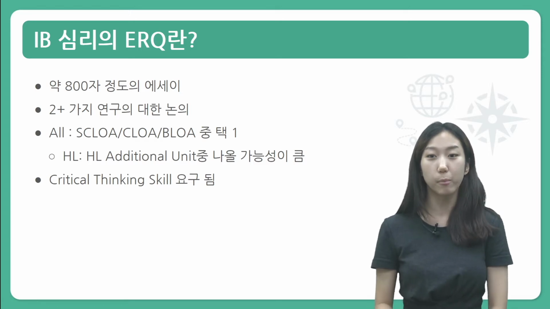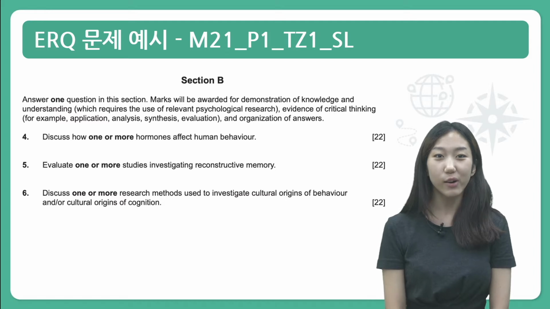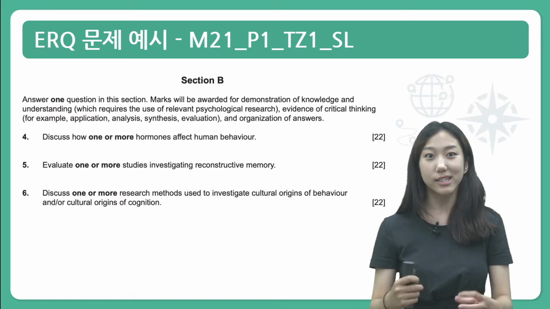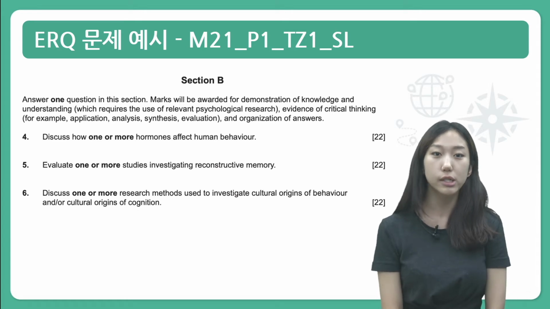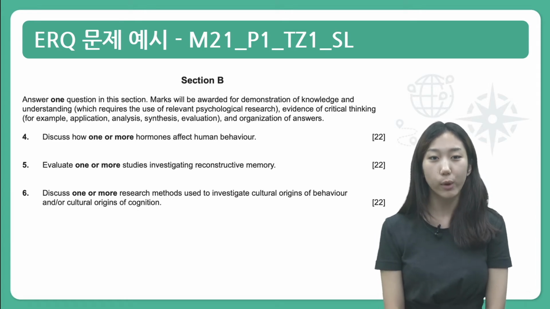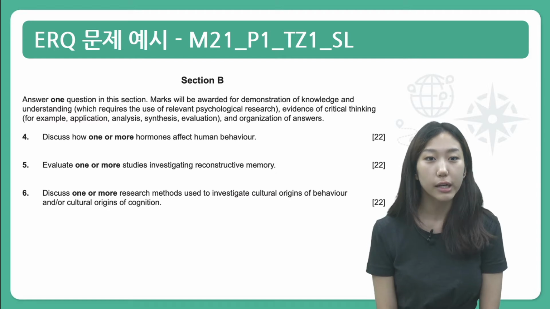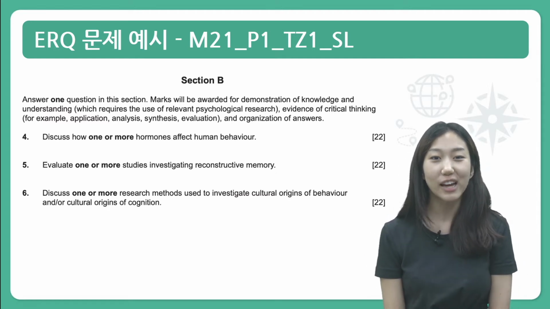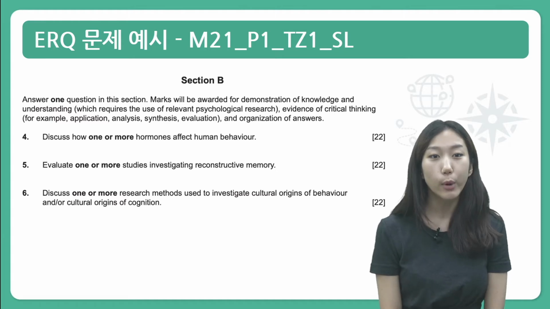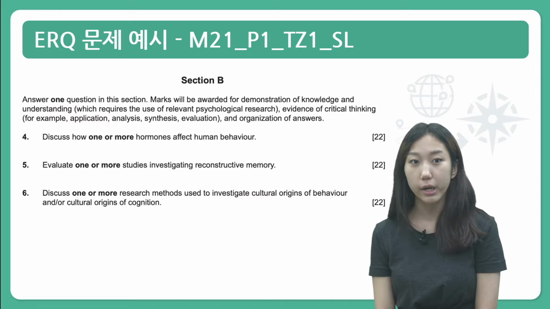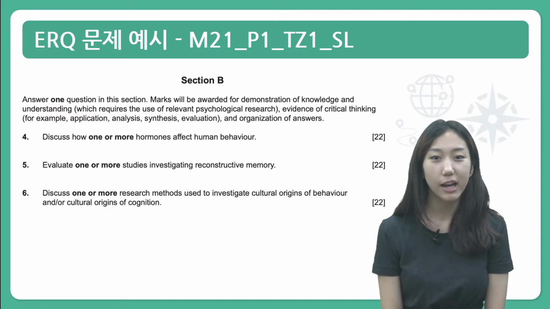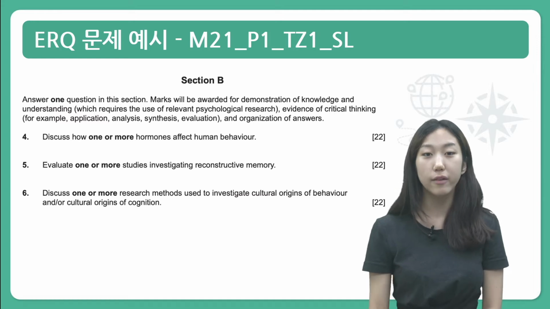sample questions from before. Okay, so this is one of the sets of ERQ questions from 2021. And if you look, it says, discuss how 1 or more hormones affect human behavior, evaluate 1 or more studies investigating reconstructive memory, discuss 1 or more research methods used to investigate cultural origins of behavior.